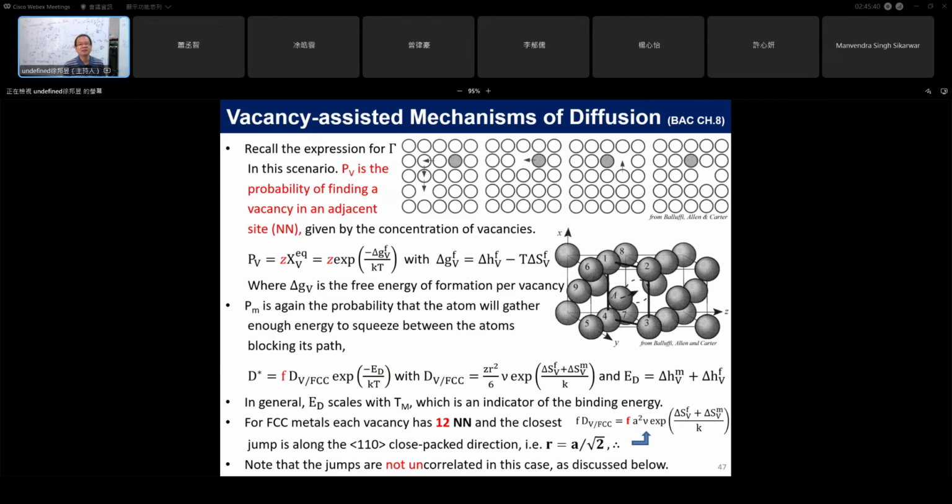For BCC, that's 8, right? For FCC, we all know that's 12. So vacancy in FCC has a coordination number of 12, because that's the number of atoms beside the particular atom.